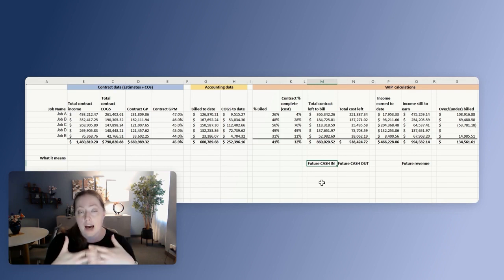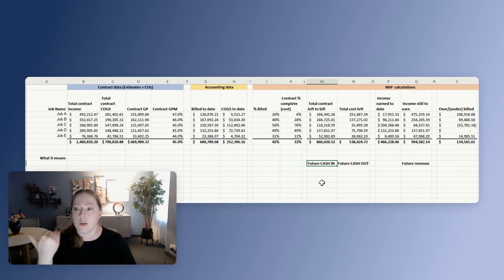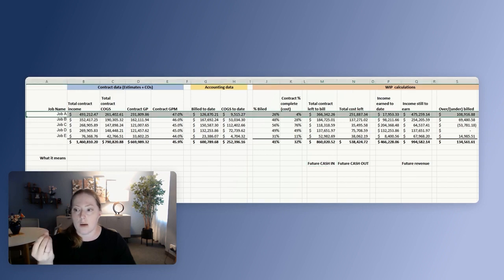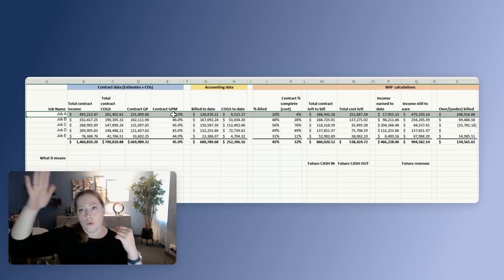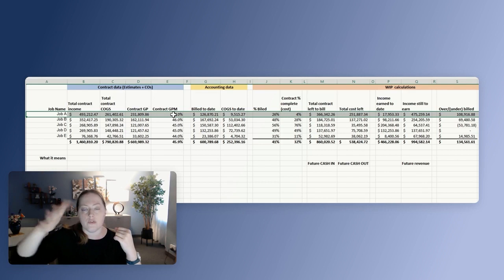Ideally, if you have a specific job and you know you're going to hit certain milestones, you have those invoices already created in the system. You don't send them to QuickBooks until they're actually due, but if you have them created in, for example, CoConstruct or Buildertrend or whatever it is, then you know that in October you're going to get $50,000, in November another 50, and in December another.